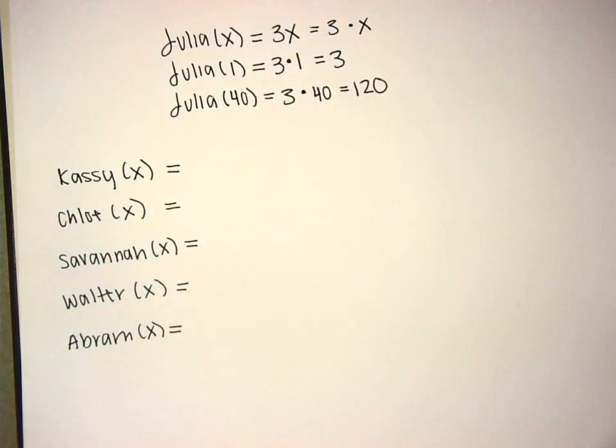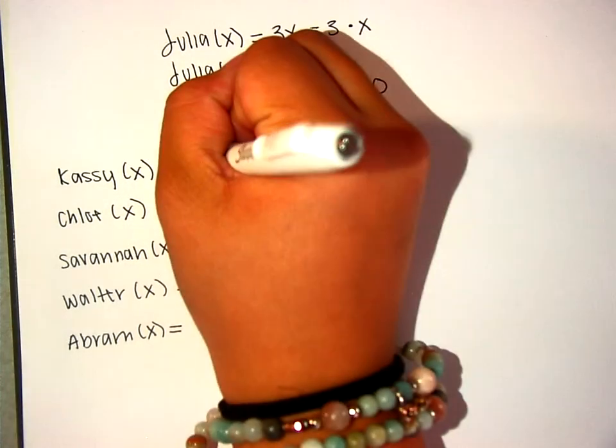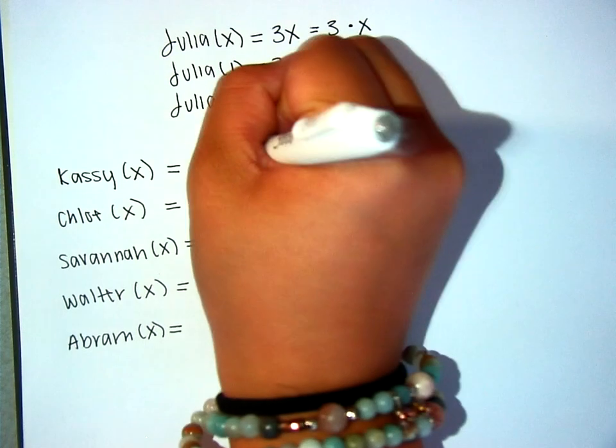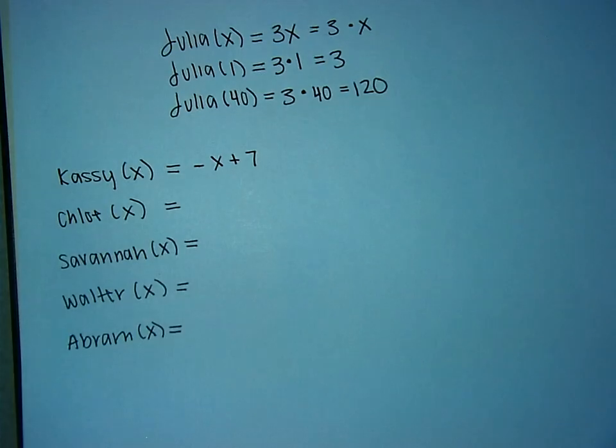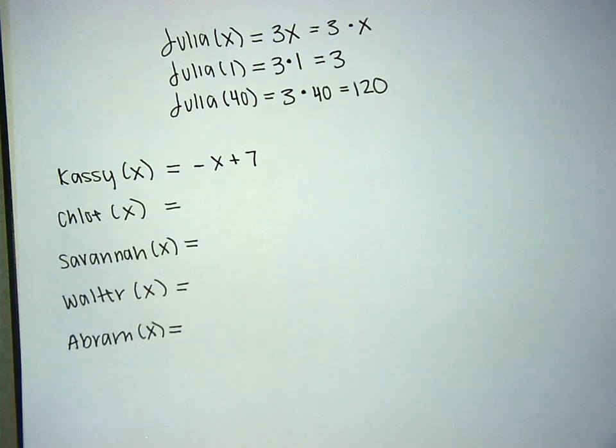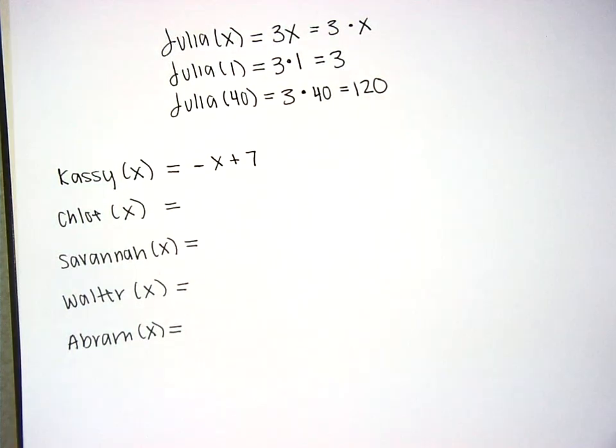Cassie, do you want an easy, medium, or hard problem? Medium. You could use a calculator. Grab a calculator, everybody. I got you. Wait, what number are you? Here you go. Go for it. Chloe, do you want an easy, medium, or hard? Easy.